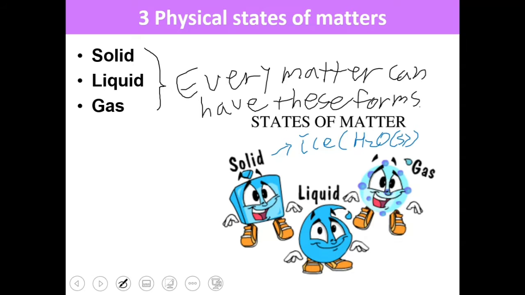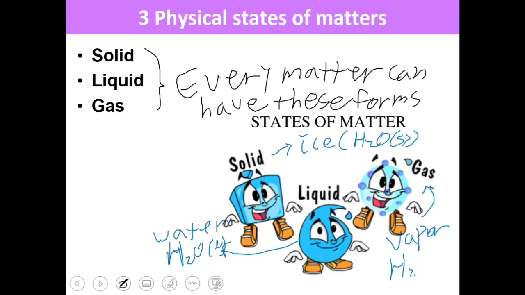The liquid form is what we generally call water at room temperature, H2O liquid. Gas is the one that we call vapor, water vapor, and that's H2O gas. Similarly, can you see that I put H2O for everything?